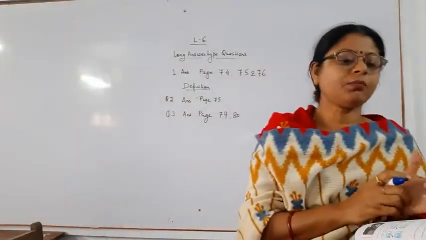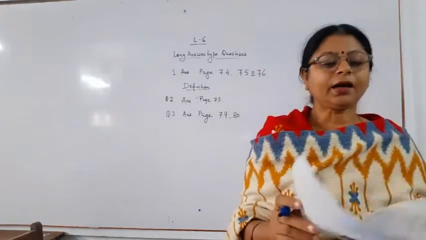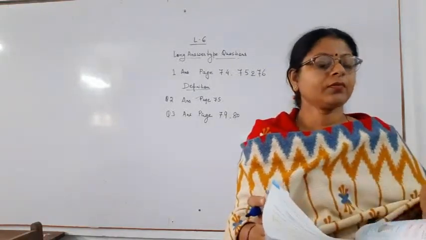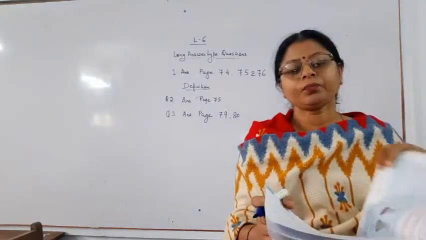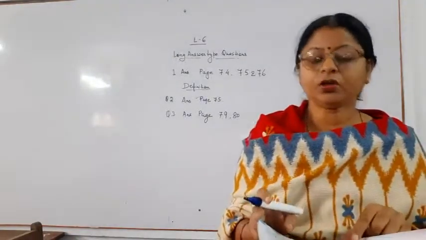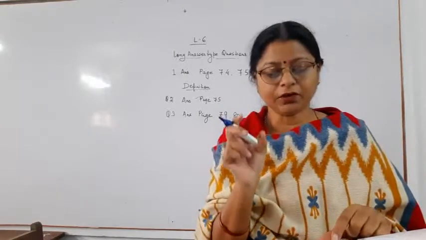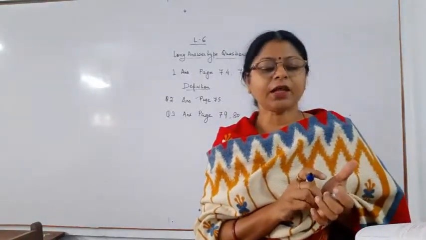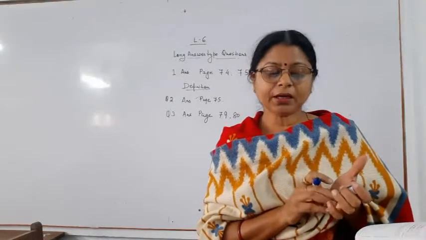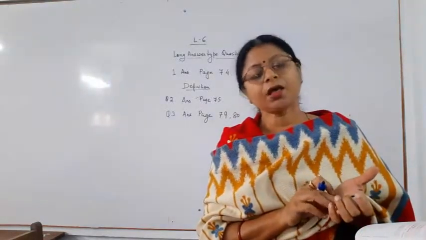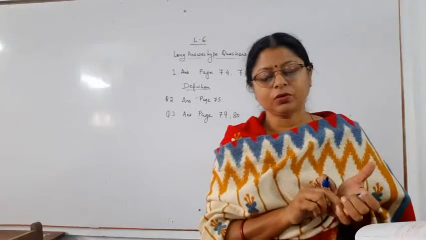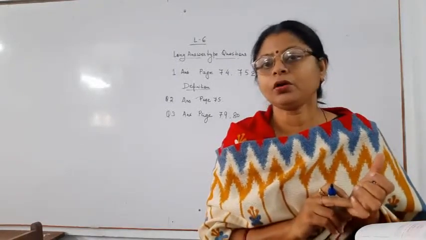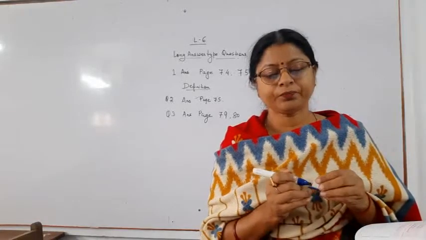One is given in page number 79 and another activity is given in page number 80. When you write down the first activity, you write the heading Activity first. Then you write down, as it is given, aim, material required, procedure and observation. All these four points you have to write down. No need to draw the figure.